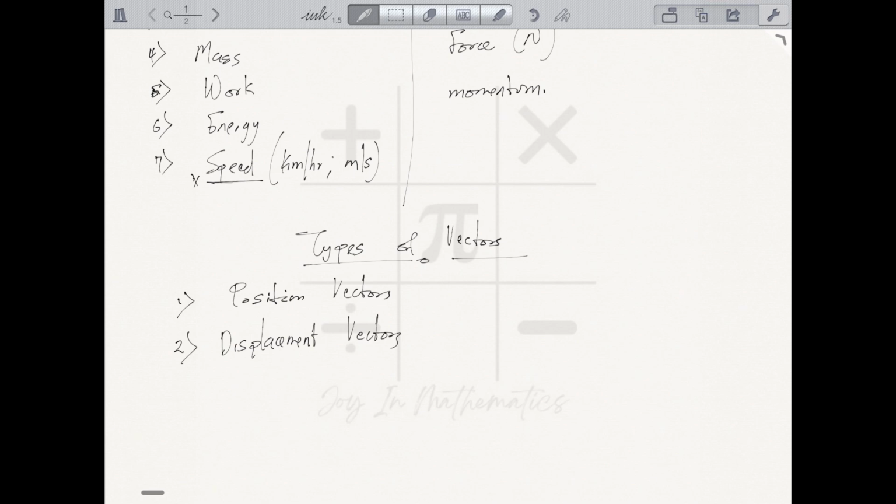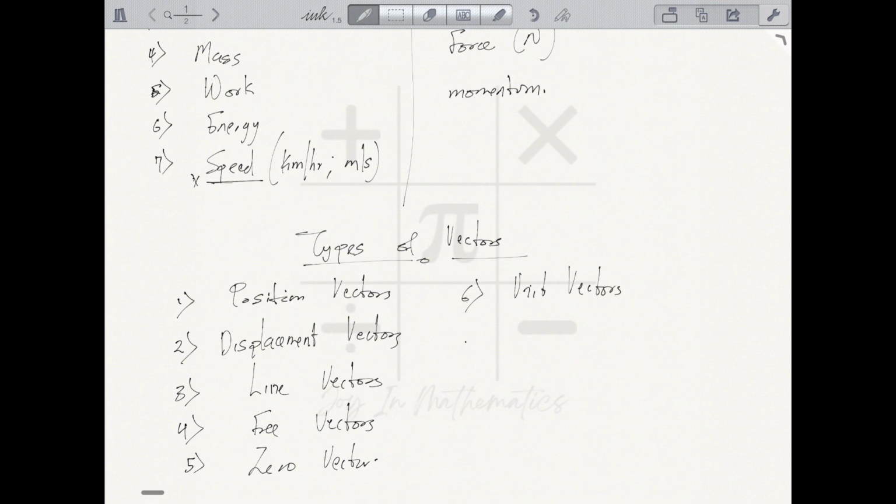Number 3, we can also have line vectors. We have free vectors. We have zero vector. And we also see scenarios of unit vectors. And finally, we can have something called a negative vector.